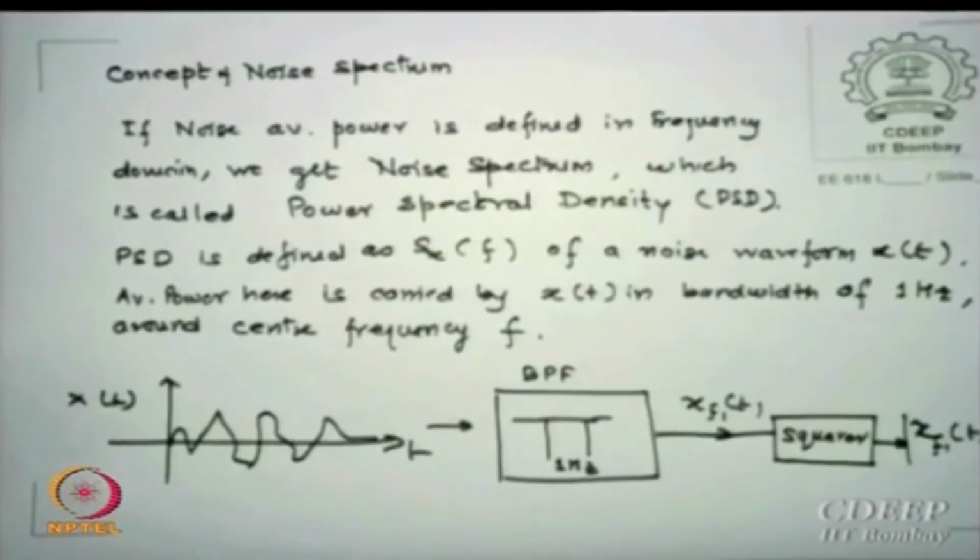Only 1 hertz. Xf can be expressed in terms of volt square per hertz, and voltage is expressed as the square root of the average, so we say it is volt per root hertz. So noise is expressed as volt per root hertz, is that okay?